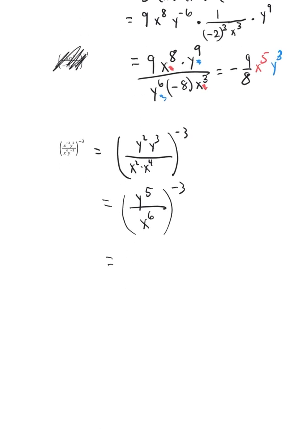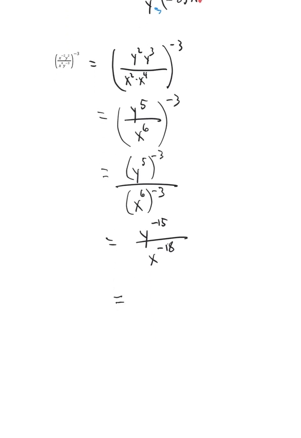So then that would be y to the 5th to the negative 3 over x to the 6th to the negative 3. And these would each be powers to a power, so we multiply the exponents. Y to the negative 15, x to the negative 18.